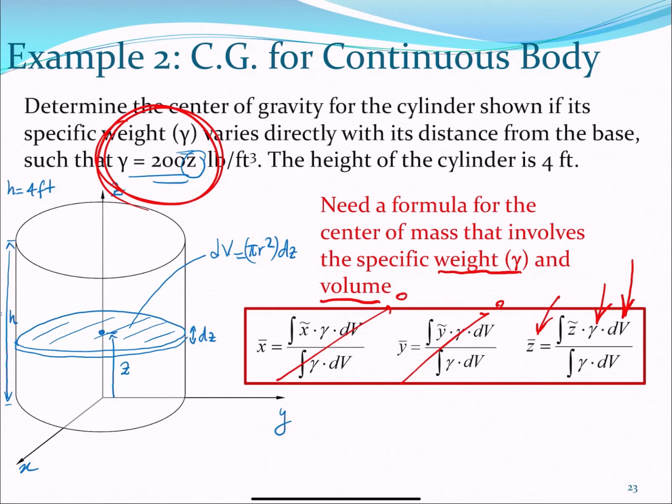So it's good if we define our differential element as a disk, right? As a disk. So we have a disk here, and the differential of volume of this disk, of course, is the area of the disk, which is pi times R squared. Right?